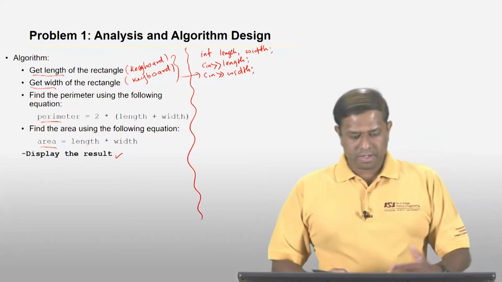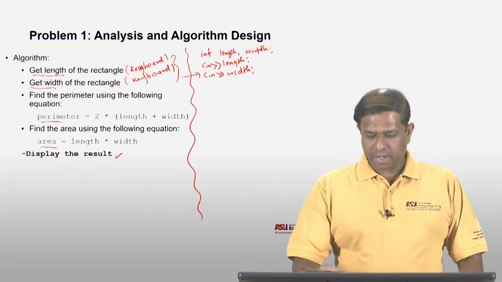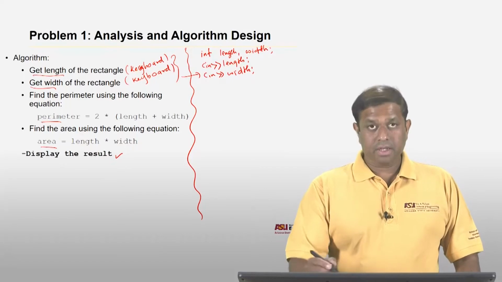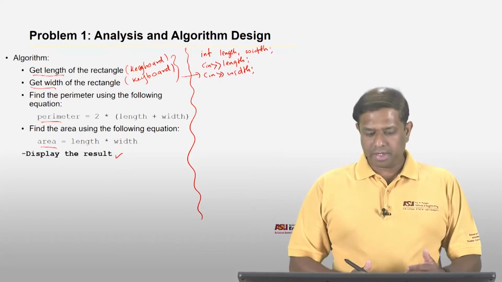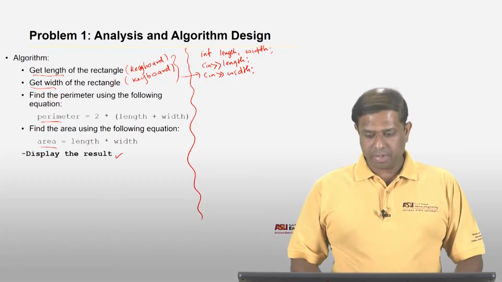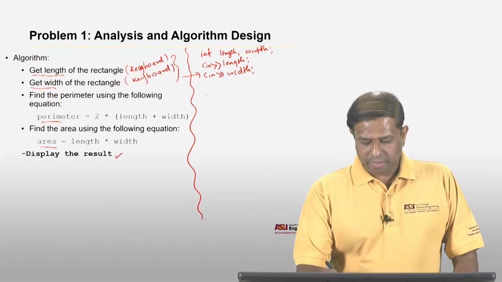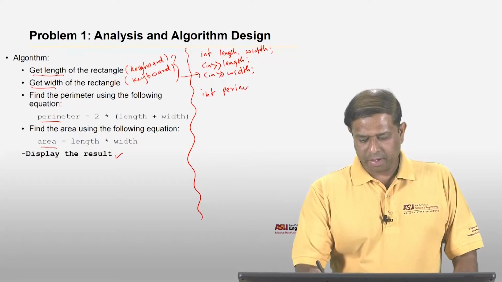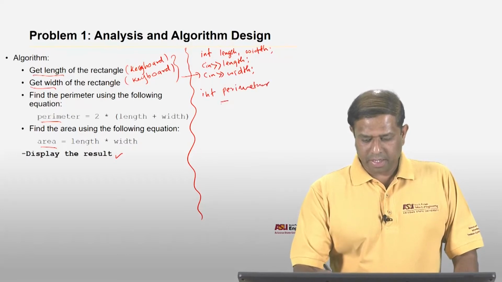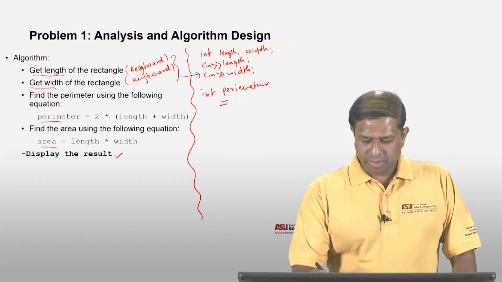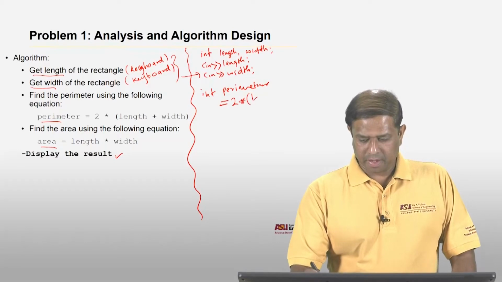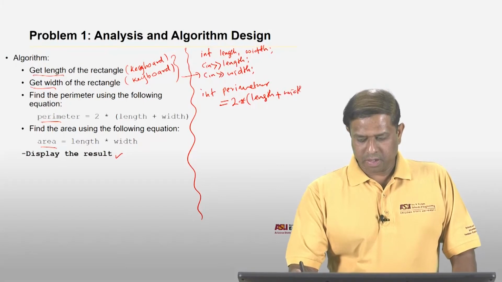So after reading these two data values, we can calculate area and the perimeter. Since length and the width are integers, area and the perimeter are going to be integers as well. So we can define an integer variable perimeter, and then we can say perimeter equals 2 times length plus width, right?